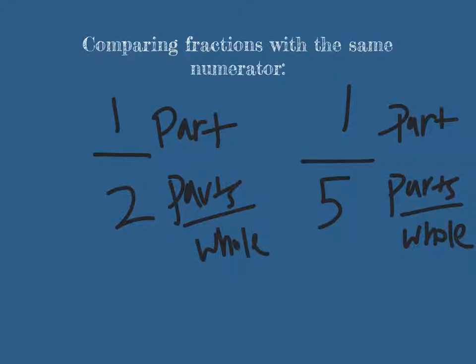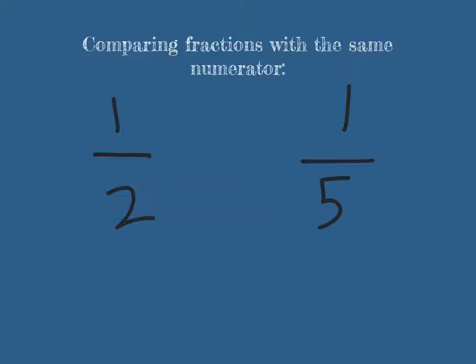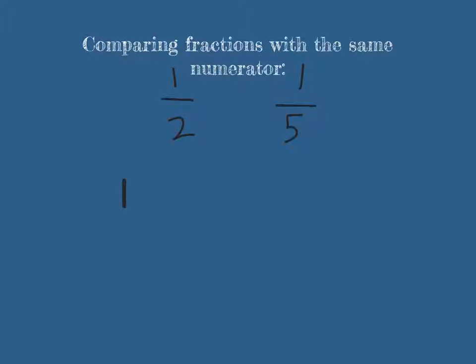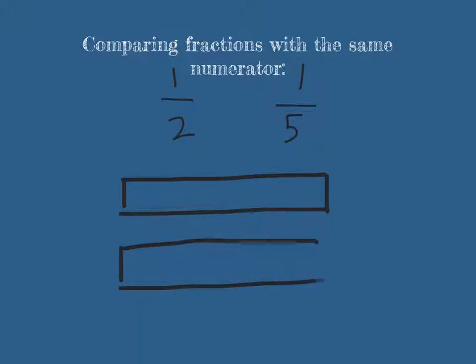Let's make these fractions a little smaller so we have room for a picture. I'm going to draw 2 vertical lines. It's important to note that these lines are going to be the same length because they both represent the same number, 1 whole.